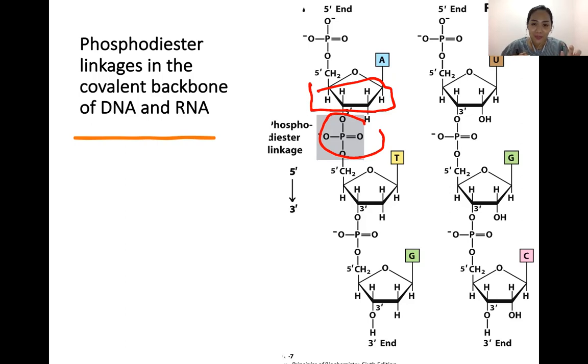So again, 5', 3' gives you an idea that we are referring to the carbons of the sugar moiety. Which one is the 5' end? The 5' end is, of course, the 5' carbon position of the sugar moiety. It would be a free or phosphorylated 5' end. So this is the 5' end, the 5' carbon. It could be phosphorylated.